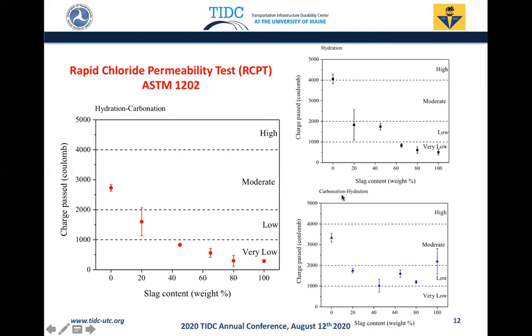For carbonation hydration curing procedure, again, it can be decreased strength, but here we see some increase in charge passed in our cylinder, and here we need to study more. But the trends for all of them is decreasing. It means adding more slag means more positive reaction and less permeability.